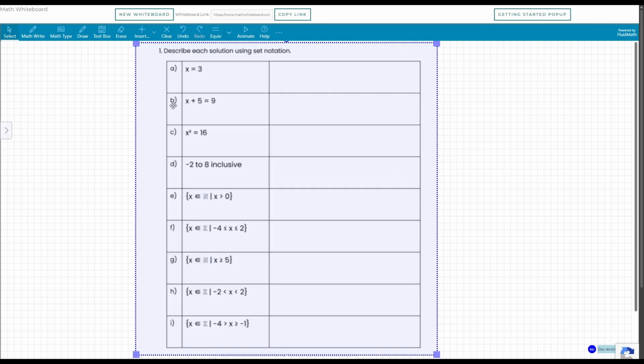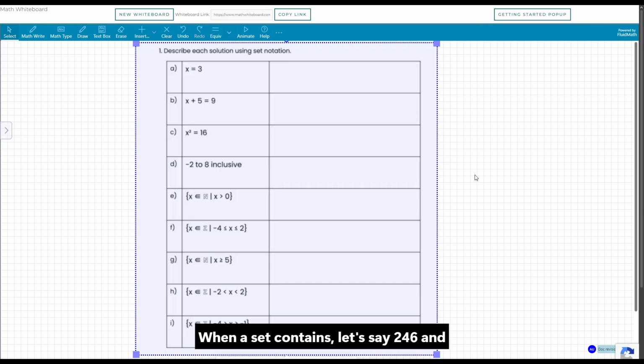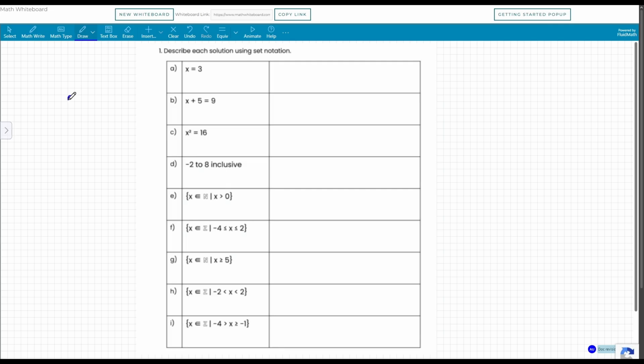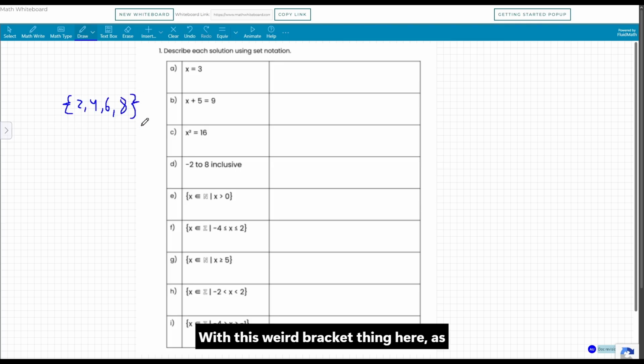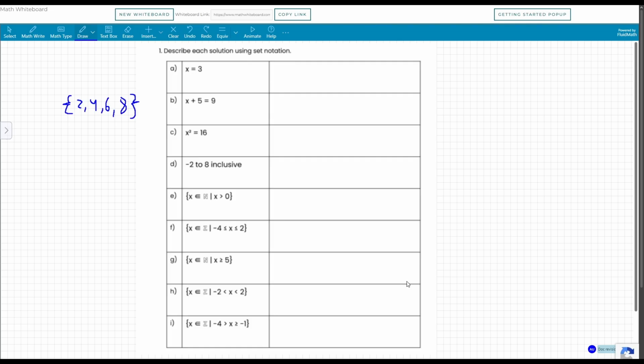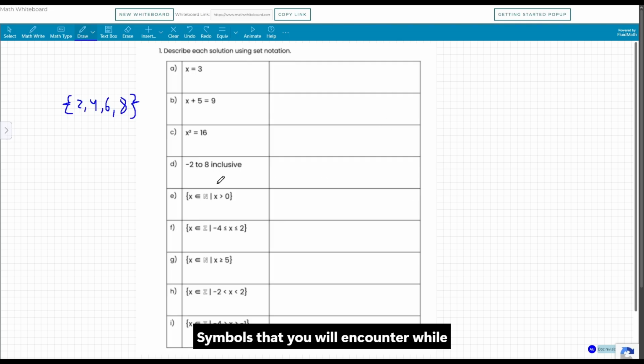For example, when a set contains, let's say, 2, 4, 6, and 8, we can write it as 2, 4, 6, and 8 with this bracket here. As you can see, this tells us that this set contains these numbers without having to word out the whole thing. There are a couple of symbols that you will encounter while dealing with this.